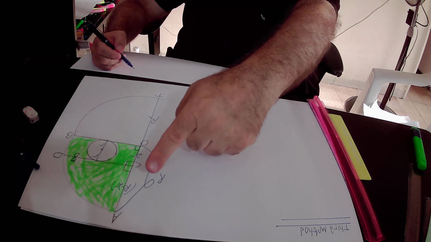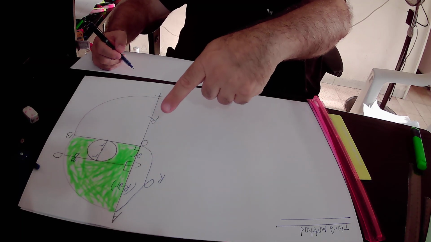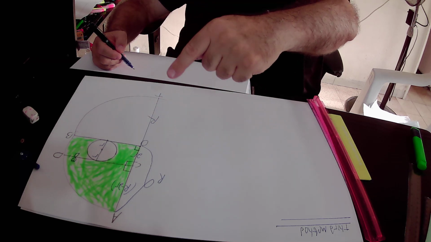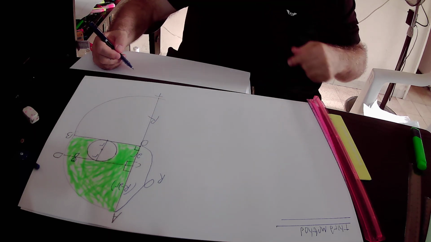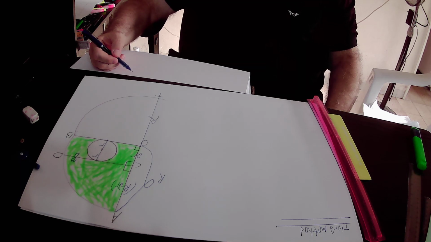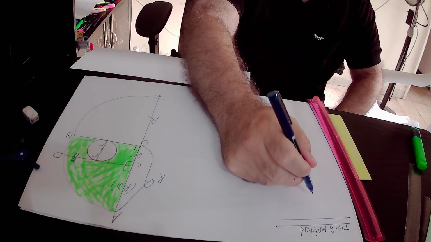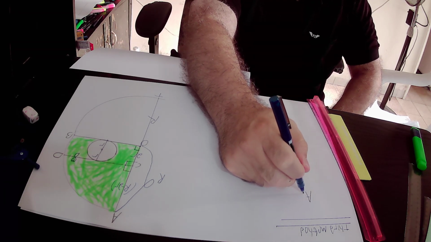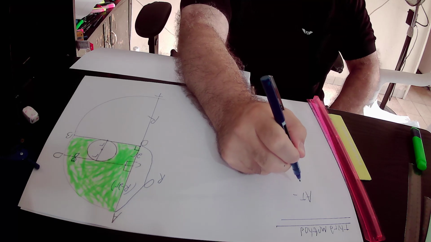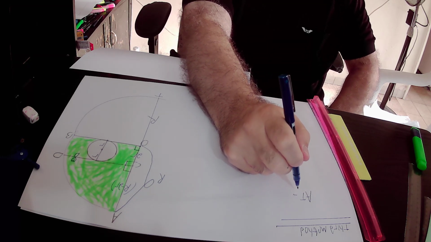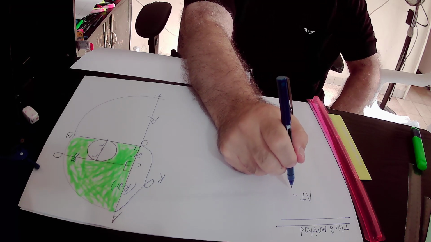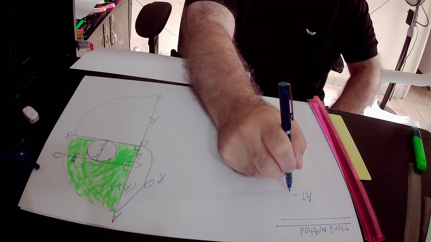So we have here chord AT that passes through the center of the semicircle, and any chord that passes through the center of the semicircle must be the diameter of the semicircle.